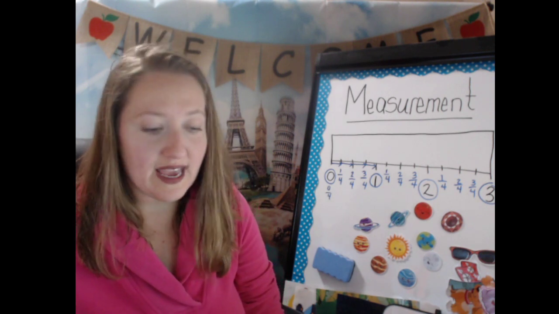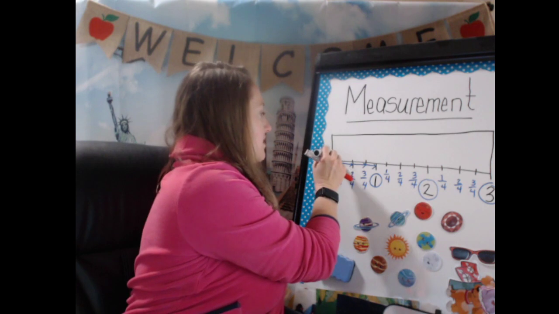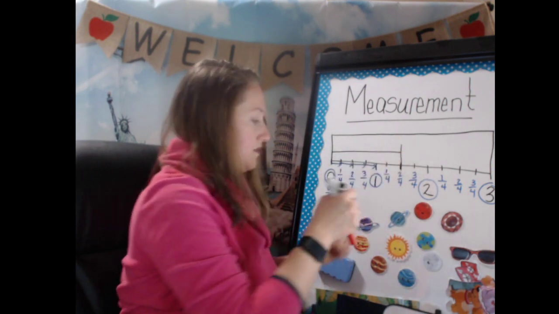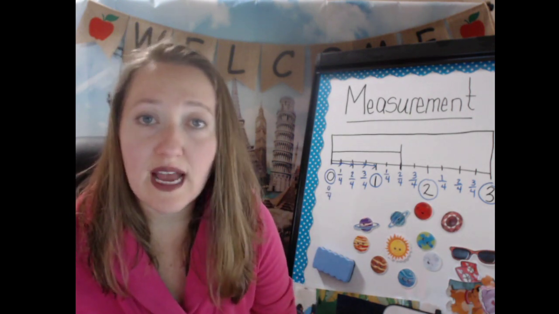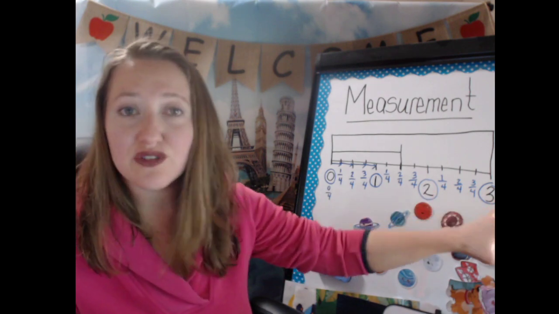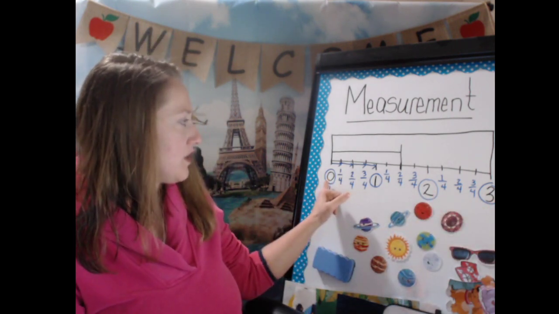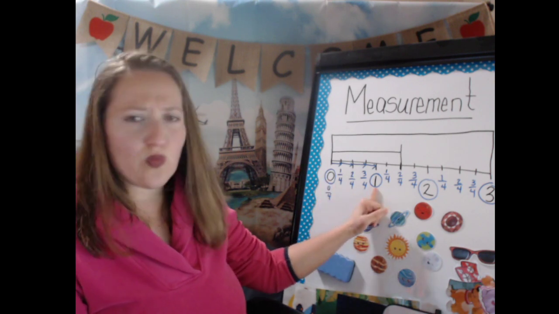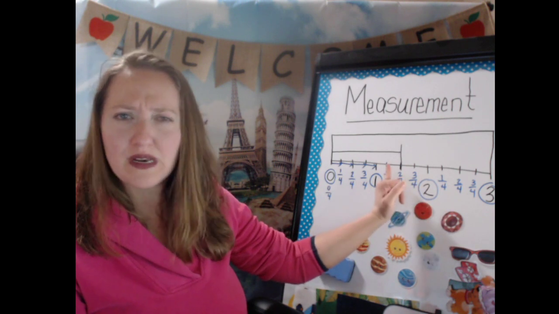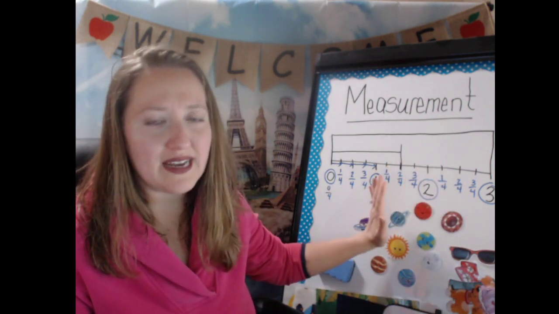Now, let's say I wanted to measure this line. The first thing I look at is the big number, these numbers that I circled. So I'm going to look and say, okay, I have the 0 circled. I have the 1 circled, but it goes past that 1, and the 2 circled. But wait a minute, it doesn't go all the way to that 2. So I don't need that 2. I need this 1.